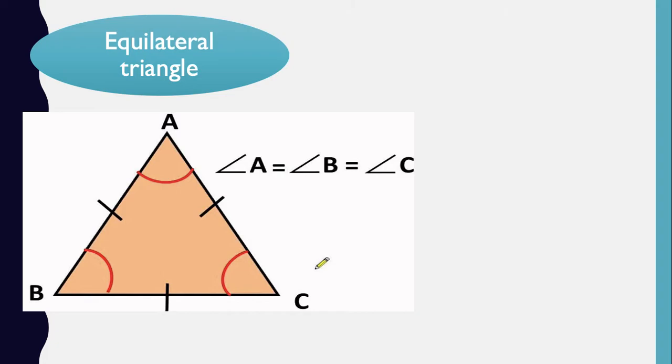Now we'll speak about the equilateral triangle. The given triangle is an equilateral triangle. Angle A, angle B, and angle C; the sum of these angles will also be 180 degrees. Another specialty of the equilateral triangle is that it has three equal sides and three equal angles.